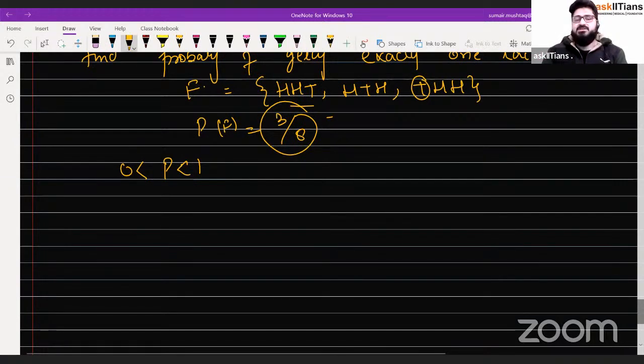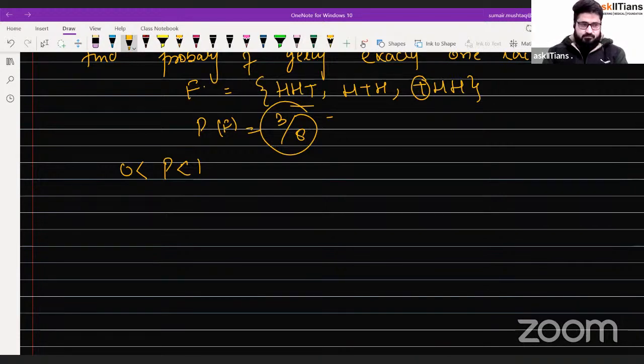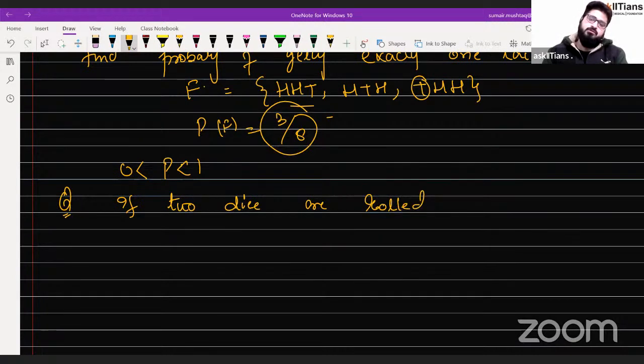Now I have one more question. If two dice are rolled simultaneously.